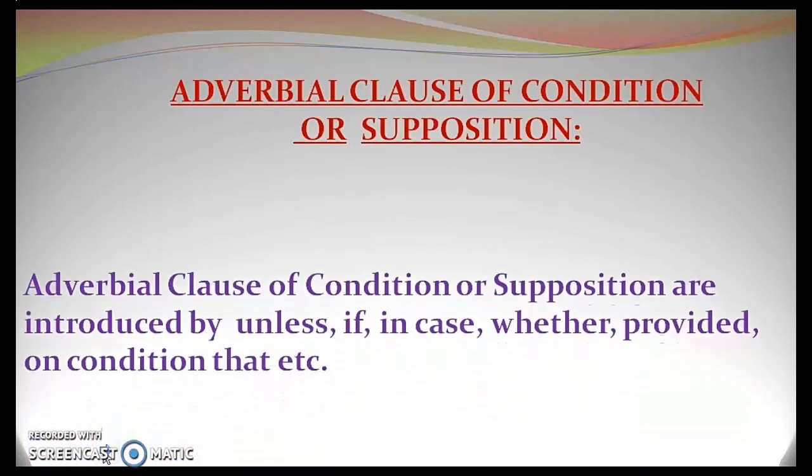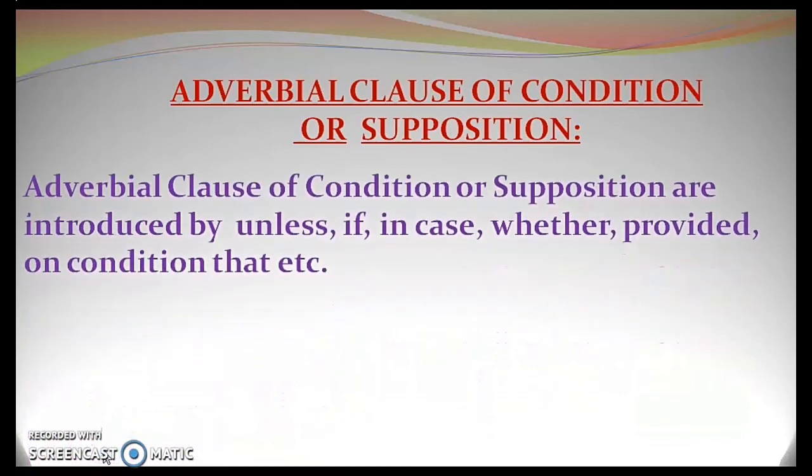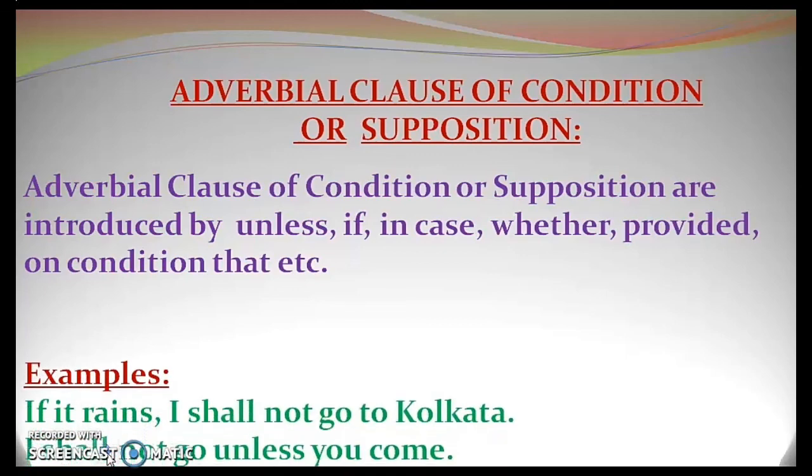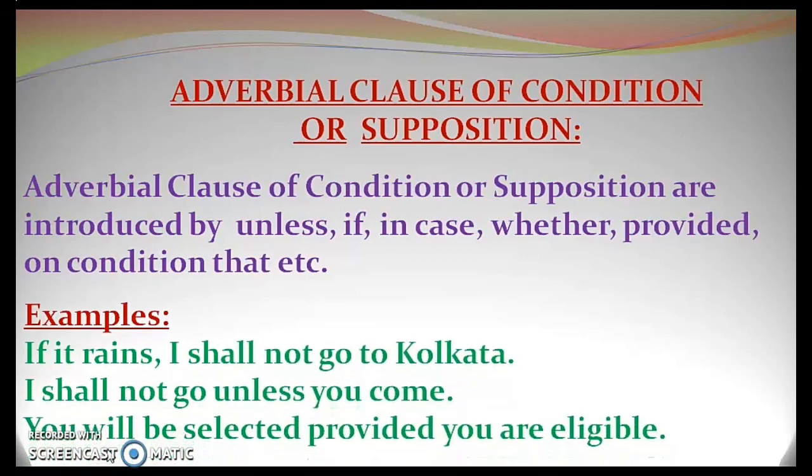Adverbial clause of condition or supposition. Adverbial clauses of condition or supposition are introduced by unless, if, in case, whether, provided, on condition that, etc. Examples: If it rains, I shall not go to Kolkata. I shall not go unless you come. You will be selected provided you are eligible.